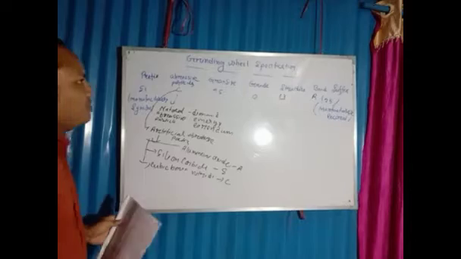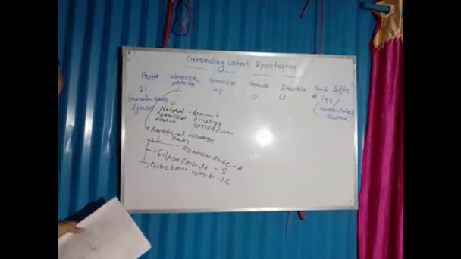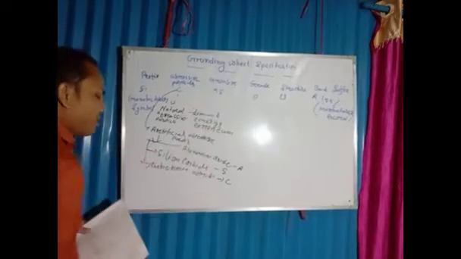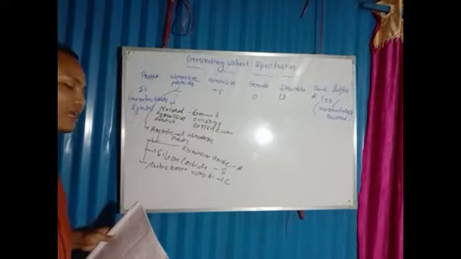Next, moving on to the next point, grain size. Generally, grain size here is denoted by 45. What is 45? 45 is the grain size.